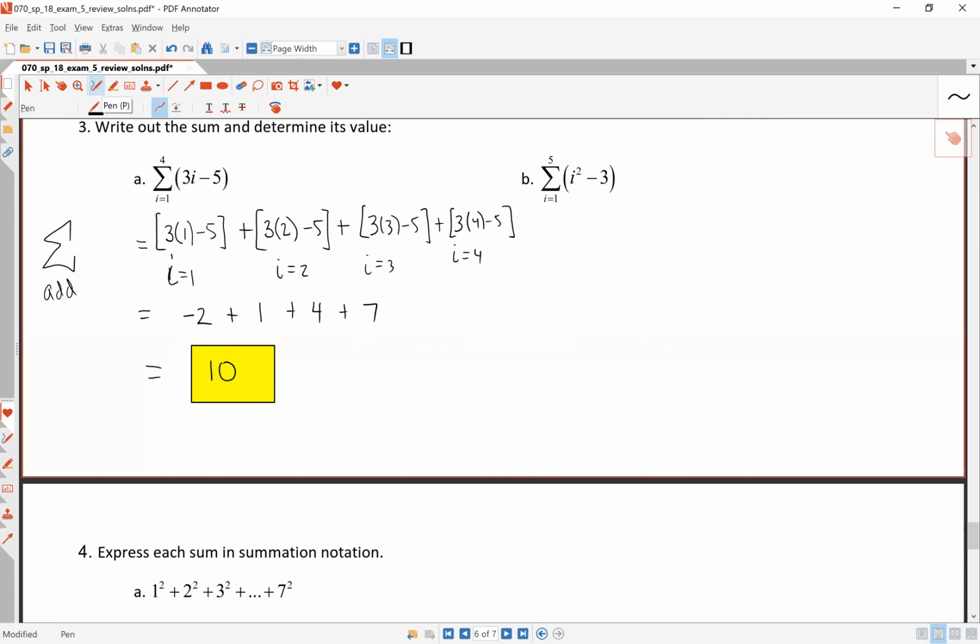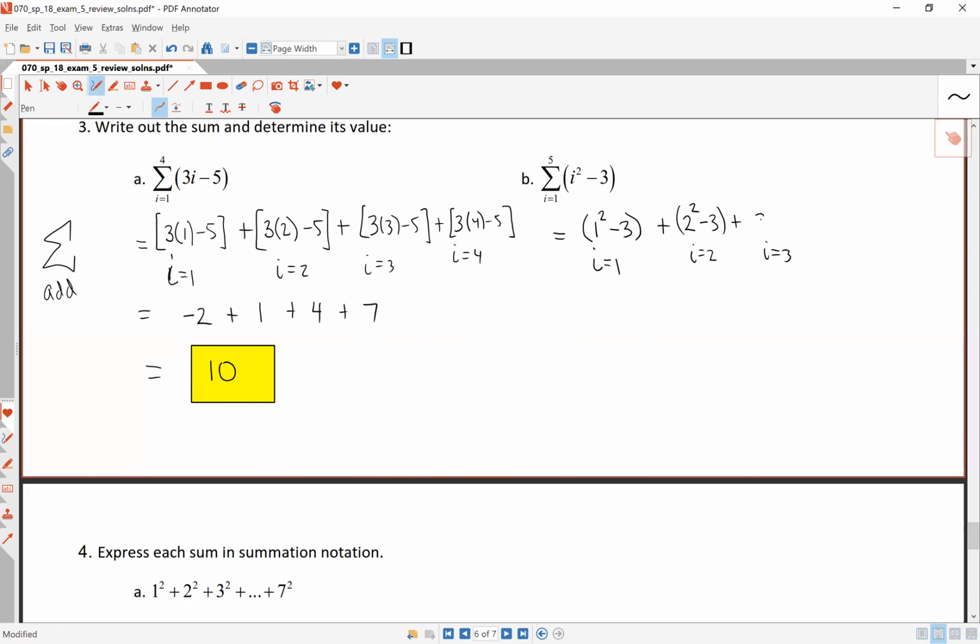Letter B, this time we're adding up 1 through 5, the first through the fifth terms. The first one is i equal to 1. We've got 1 squared minus 3. We add the second term, 2 squared minus 3.